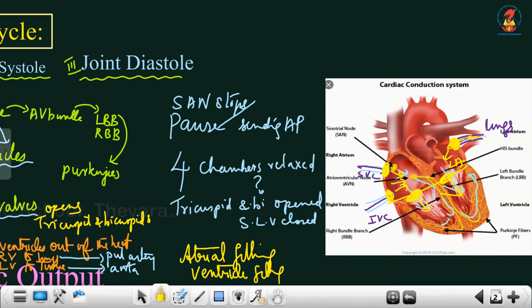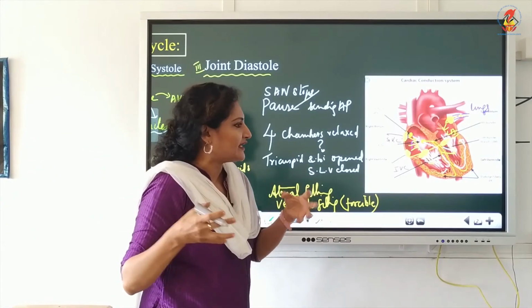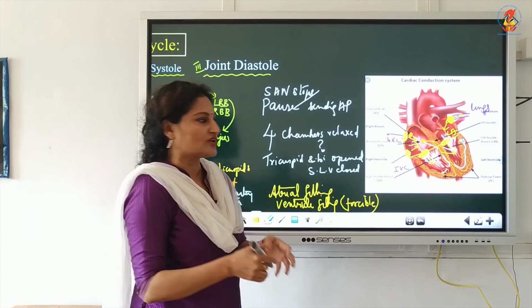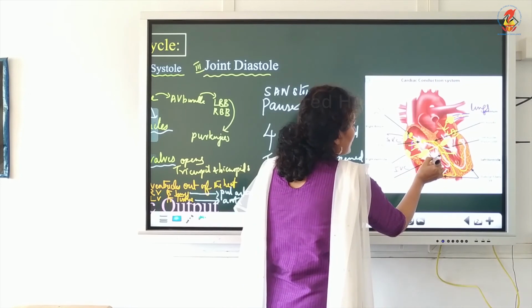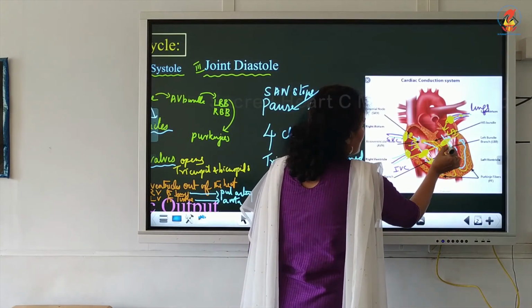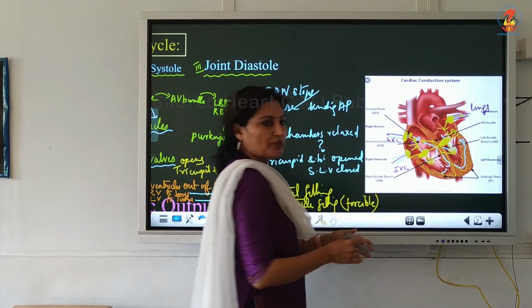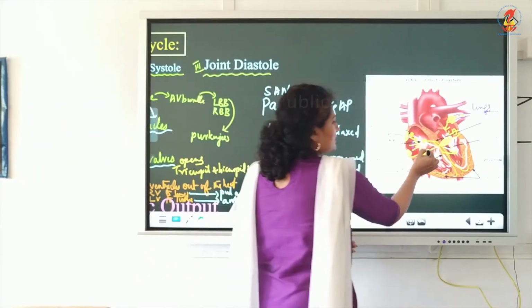So, all the chambers are being filled, but the ventricular filling is not forcible, not at all forcible. The filling of the ventricles becomes forceful only if the atria contract, but the atria is not contracted. So, there is some trickling of the blood from the atrium to the ventricle because the valve is open, it's not closed.